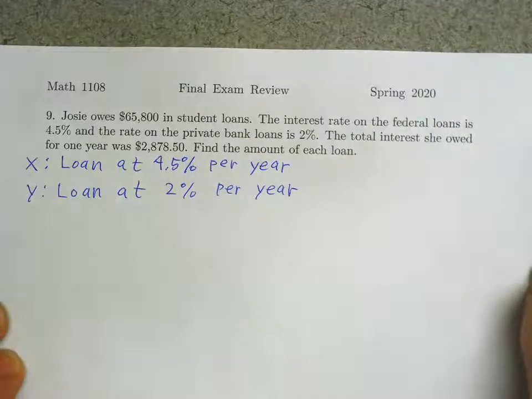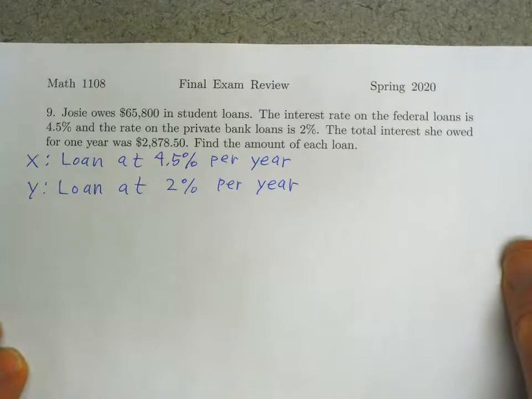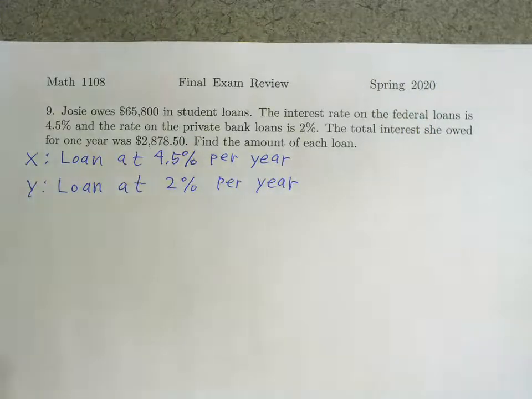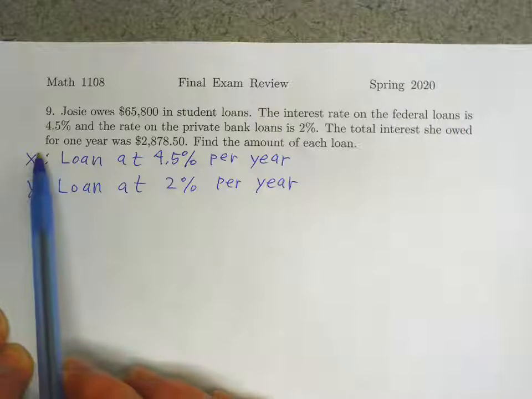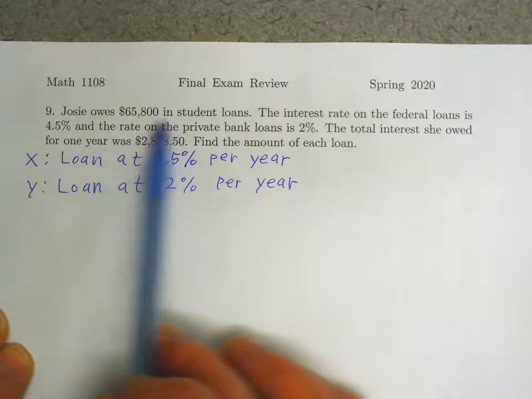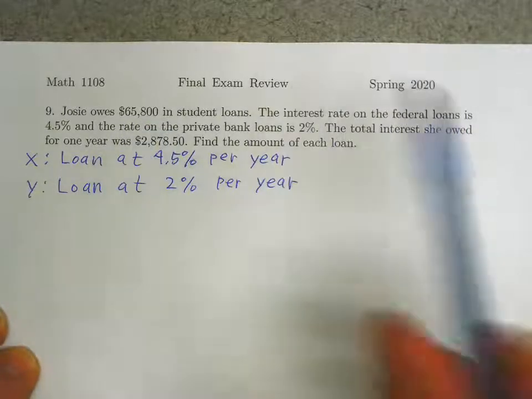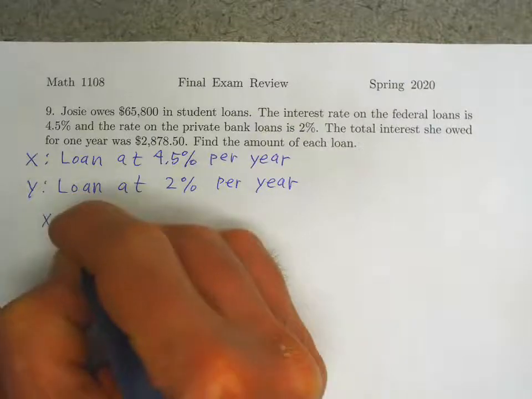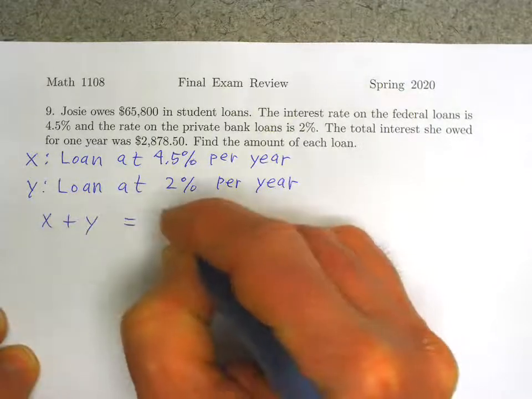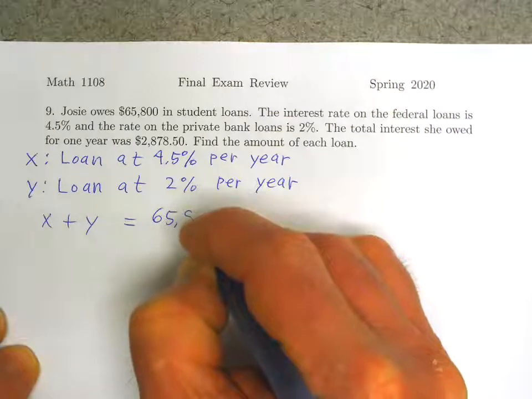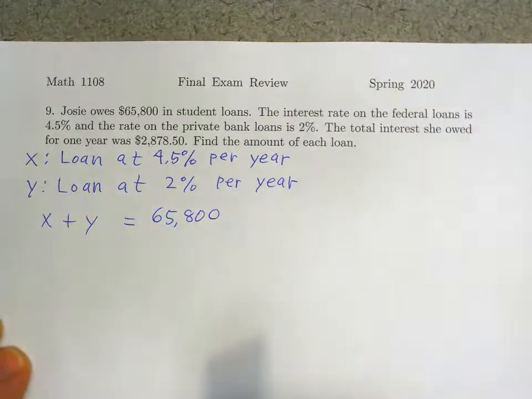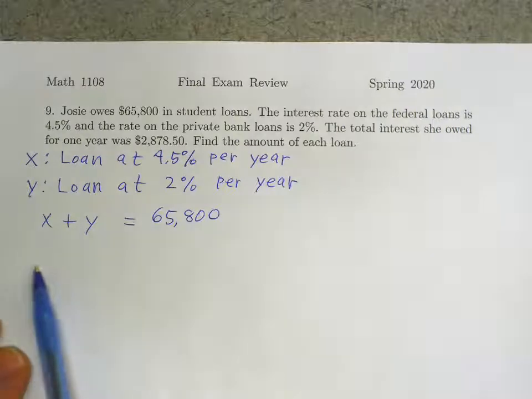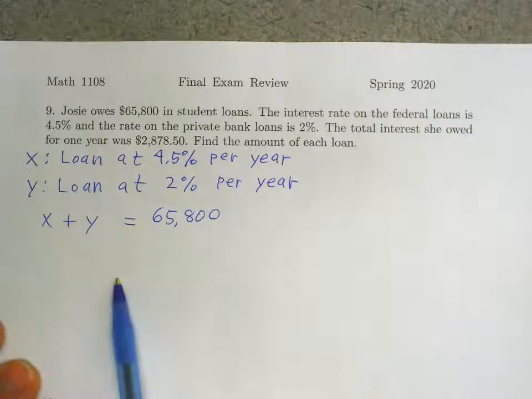Okay, so based upon the variable assignments, we can write 2 equations. So x plus y is the total amount of money in both loans. So x plus y equals 65,800. That's one equation. And then in the other equation, every term represents a certain amount of interest.